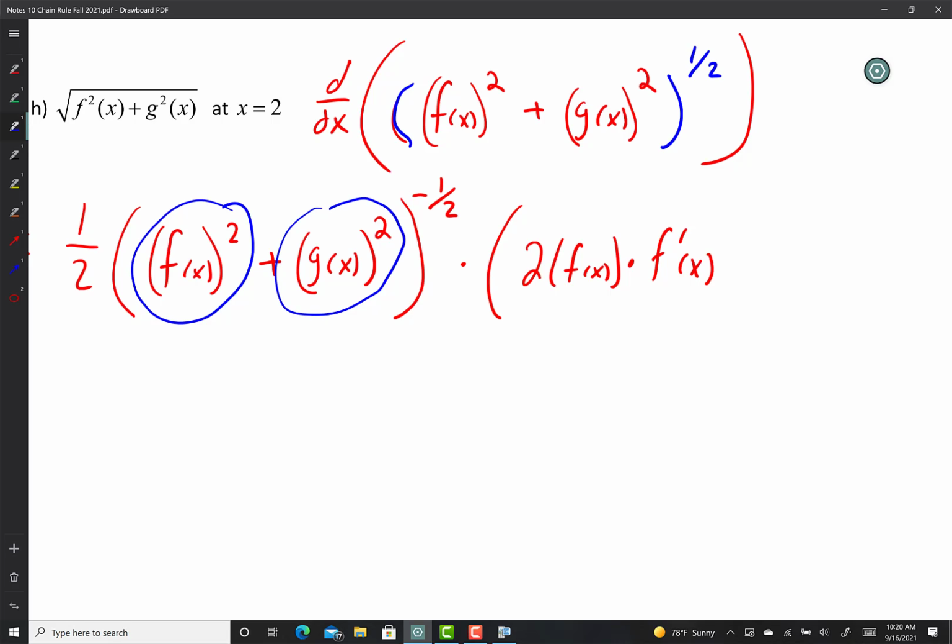So the derivative of f of x squared is 2 f of x, f prime of x. Okay. Chain rule. If they were just telling you what's the derivative of f of x squared, you would tell me 2 f of x, f prime of x. So you're going from the outside in, but when you get to those, you're going to do outside in for each. Yeah. Now I'm doing the derivative of the inside, but I'm just following left to right.